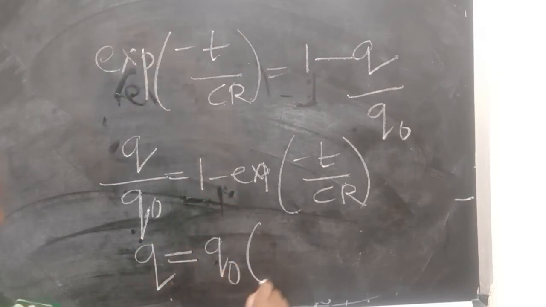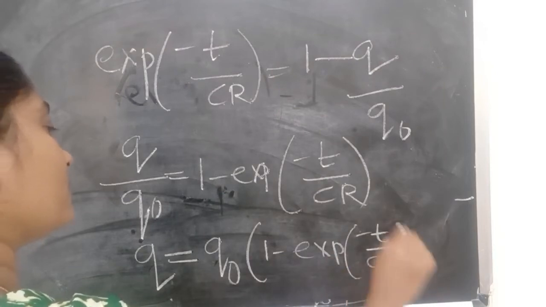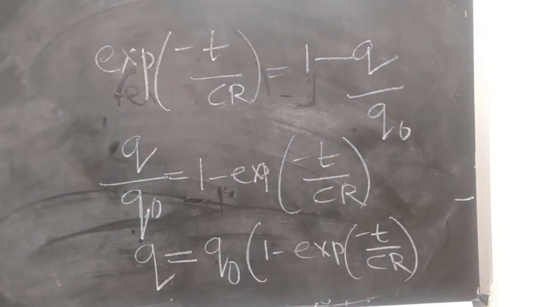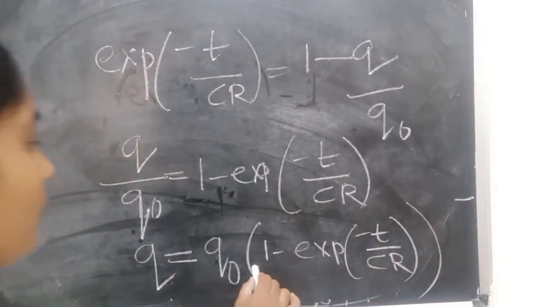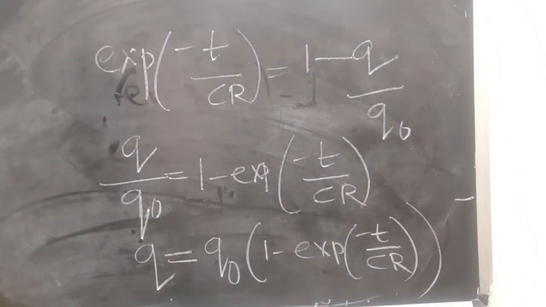So it becomes Q naught into (1 minus exponential of minus T by CR). In other words, I can also write it with e power. So finally we have got the value of Q is equal to Q naught (1 minus e to the power of minus T by CR).